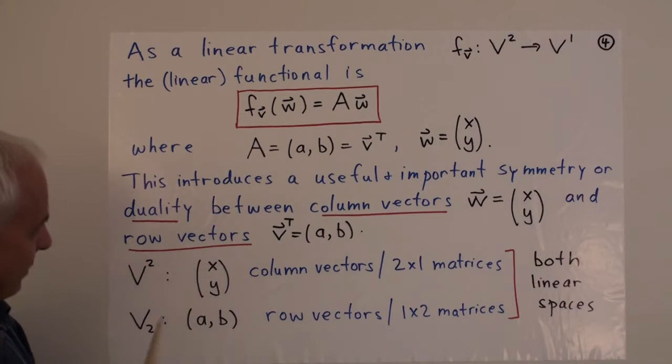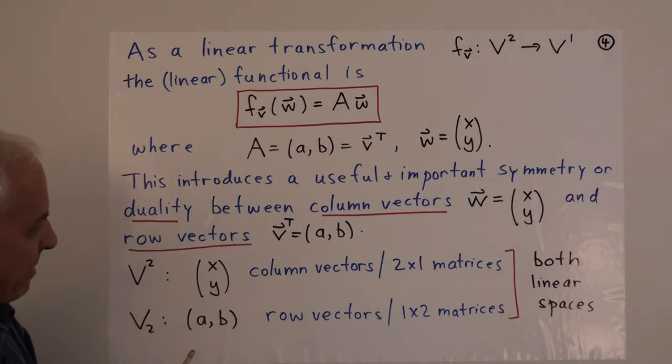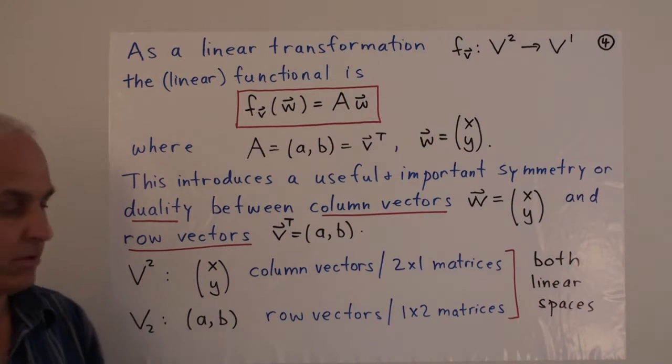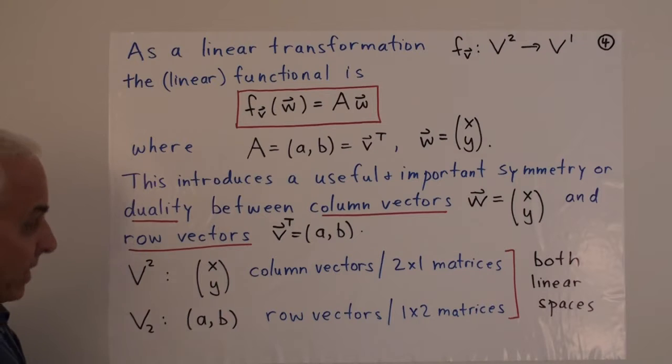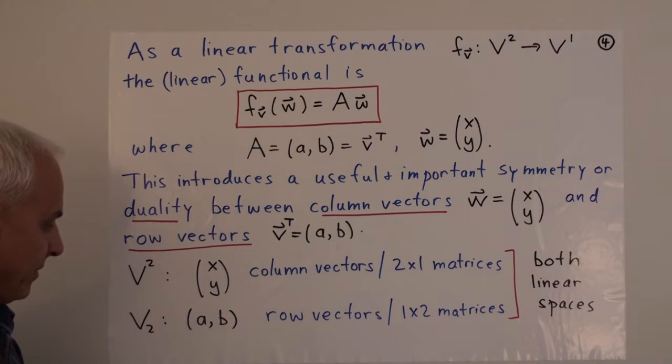And we might want to make that a little more explicit by thinking about column vectors as being our vector space, which we're calling V2, or linear space. It's also the same as 2-by-1 matrices, essentially. And we might want to distinguish that from a separate, distinct vector space of row vectors, things of the form (a, b).